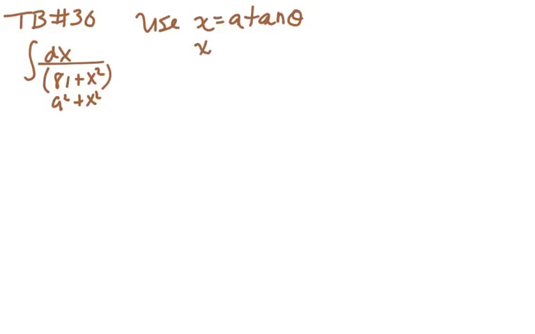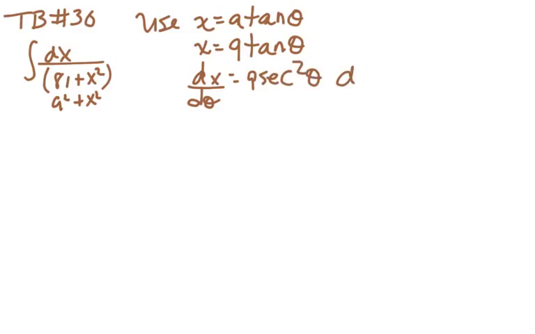So this is x equals 9 tangent of theta, and dx over d theta is equal to 9 secant squared theta. So dx is equal to 9 secant squared theta d theta.